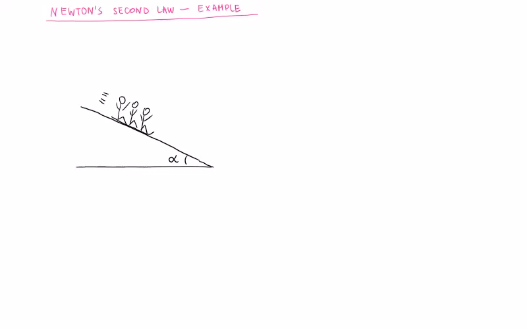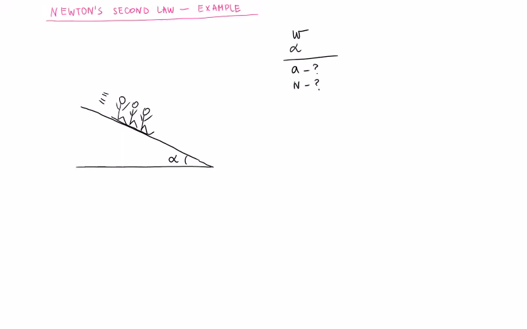We want to find what is the toboggan's acceleration and the magnitude of the normal force N the hill exerts on the toboggan. So we know the total weight is W, and we also know alpha, and we want to find out the acceleration and normal force.